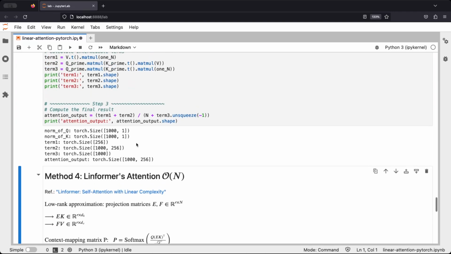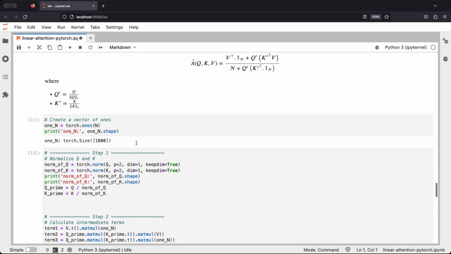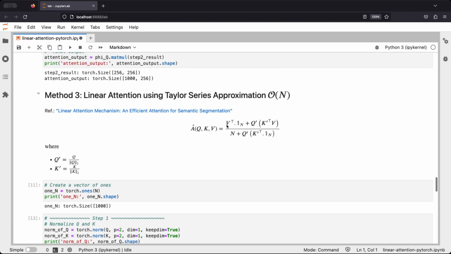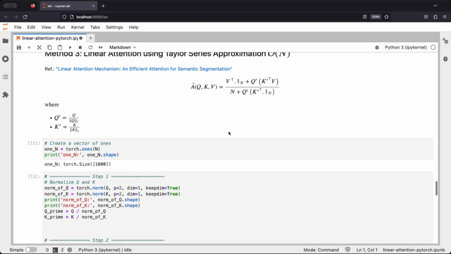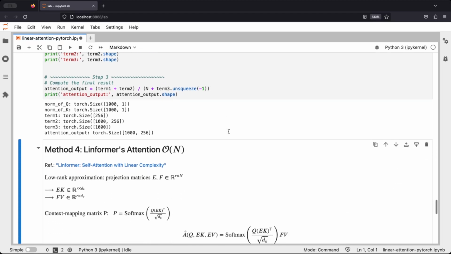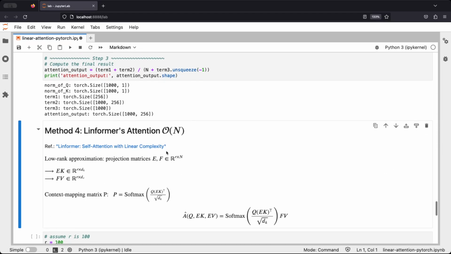So as you can see, this was another method for linear complexity of attention. And now moving to method 4. This method is called Linformer's attention, and it is using a low rank approximation. They bring in 2 new random projection matrices E and F, which have size R by N, and R is the assumed rank of the attention matrix.